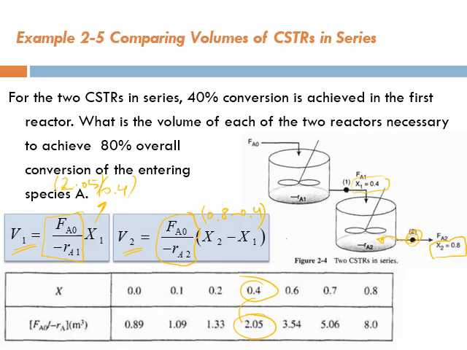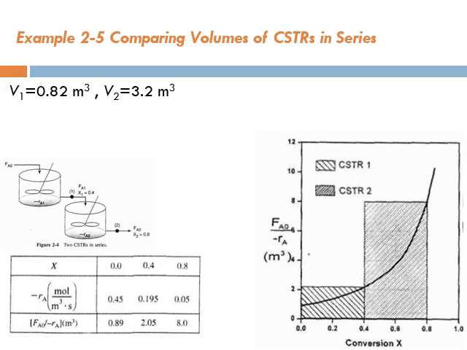So this is the FA0 over minus RA2, so that is 8. So this is 8 multiplied by 0.4. This will give you the second volume. Okay, so V1 is 0.82 cubic meter, while V2 is 3.2 cubic meter.